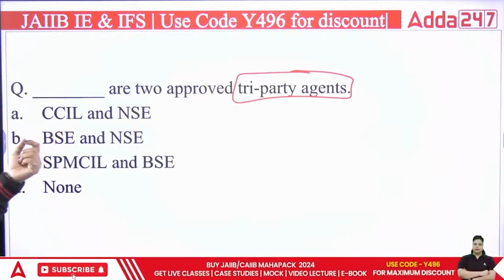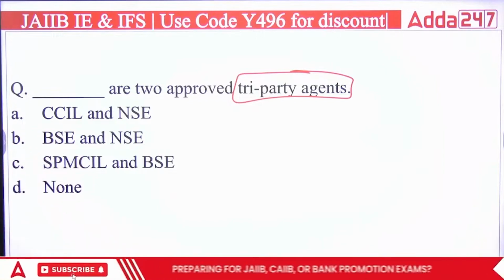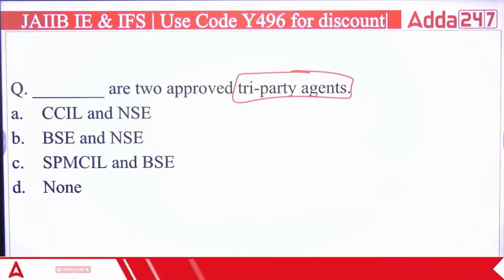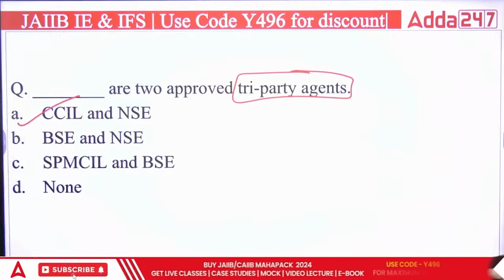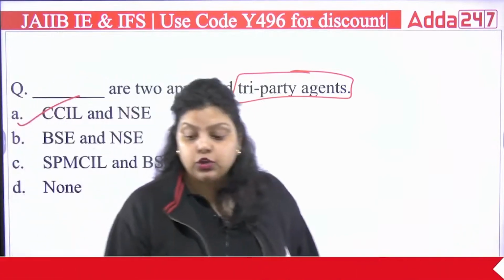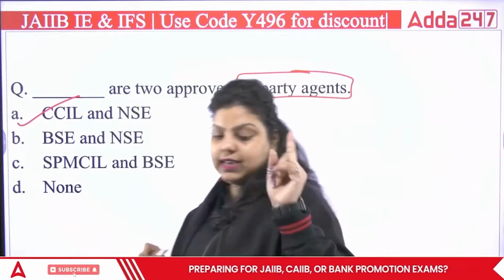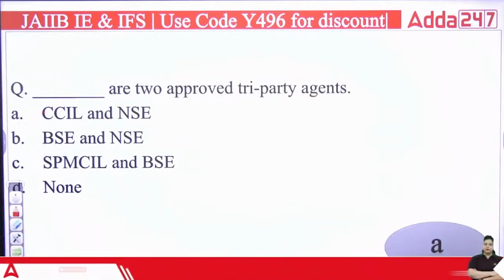Is it CCIL, NSE; BSE, NSE; SPM, CIL; BSE; or none of the above? Let me know. A, B, C, or D. Which of the following is correct here? The right answer will be CCIL and NSE, Clearing Corporation of India Limited and National Stock Exchange. These are the 2 approved tri-party agents we have. So CCIL and NSE will be the right answer. Okay, your right answer will be A.